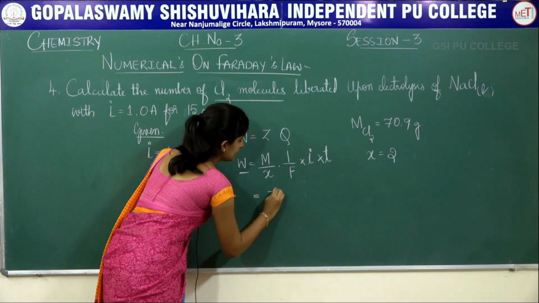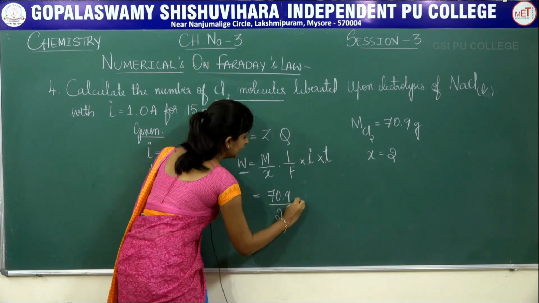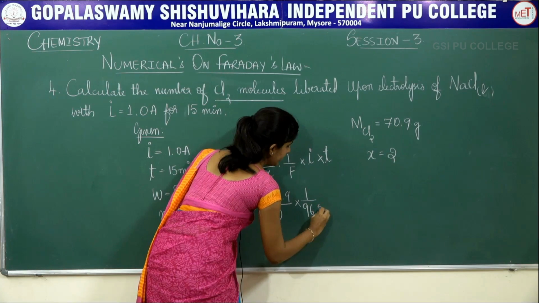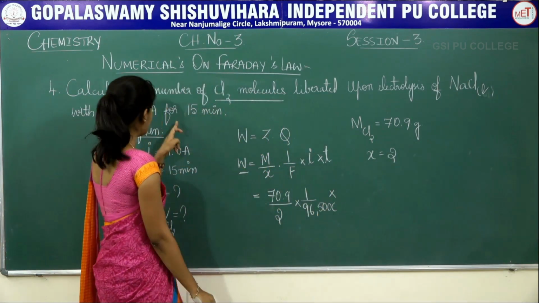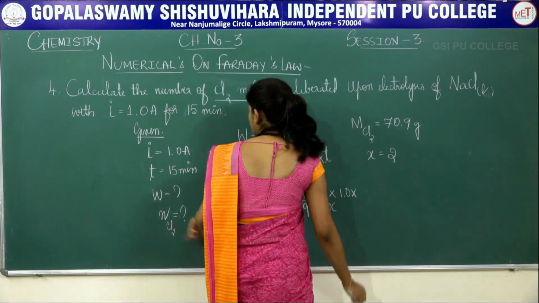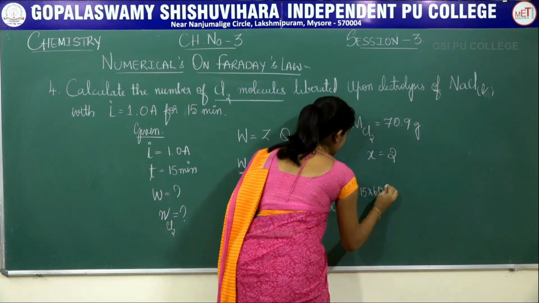So that is equal to 70.9 divided by 2 into 1 by 96,500 coulombs into I in amperes, it is 1 ampere, into time in seconds, so 15 into 60.